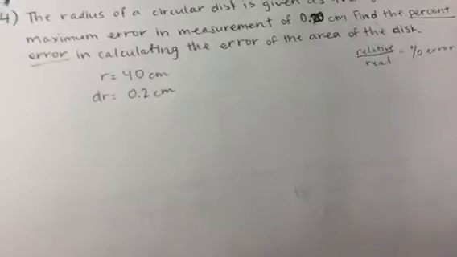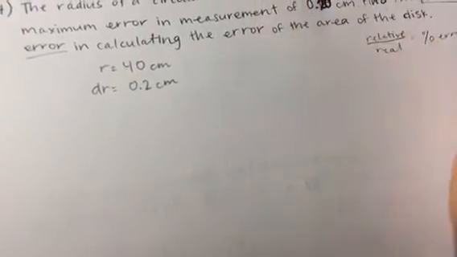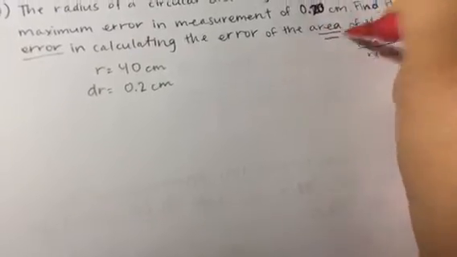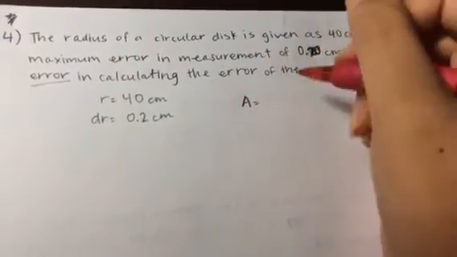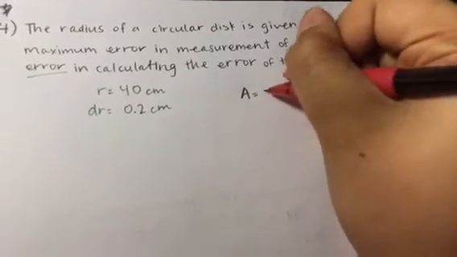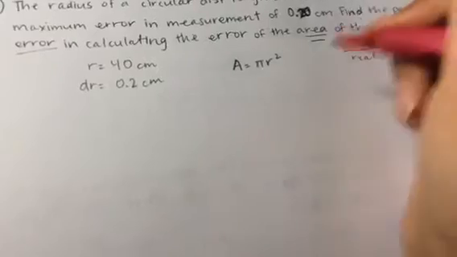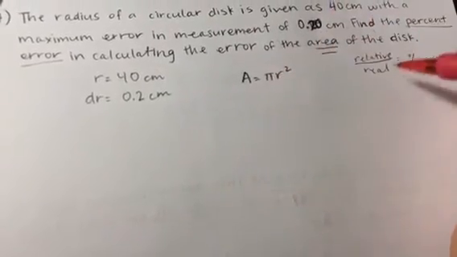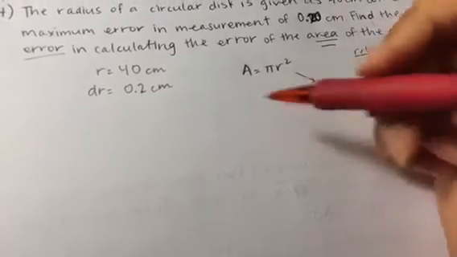So with this, we have a circular disc. Since we're working with area, we're going to use the area of a circle, which is area equals pi r squared. And then from here, to find the real value, we plug in the information that we have.